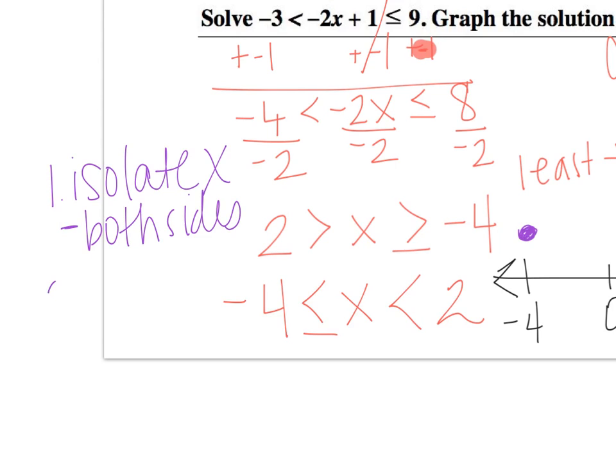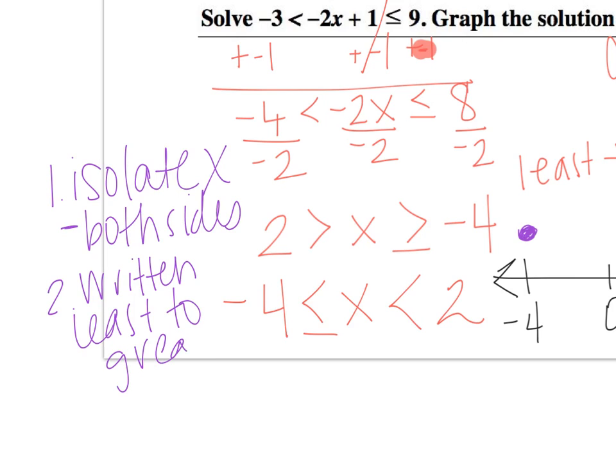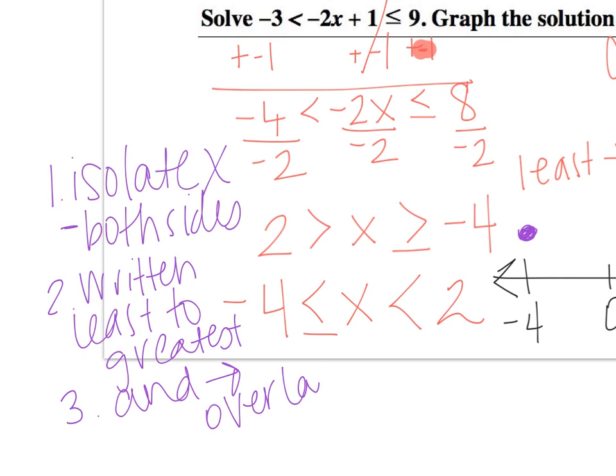The second is that we need it written least to greatest. And then third, for the and, we want the overlap or the middle. So we're going to practice one or now.